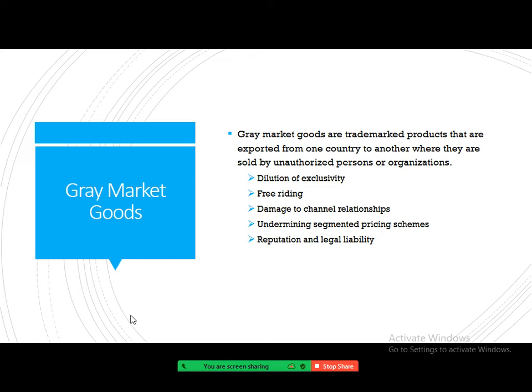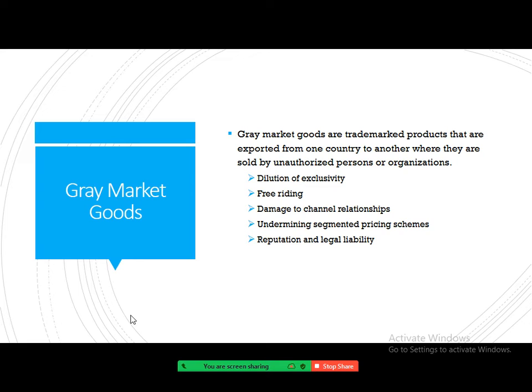First is dilution of exclusivity. Authorized dealers are no longer the sole distributors. The product is often available from multiple sources and margins are threatened. So this is about dilution of exclusivity. Then next is free riding.